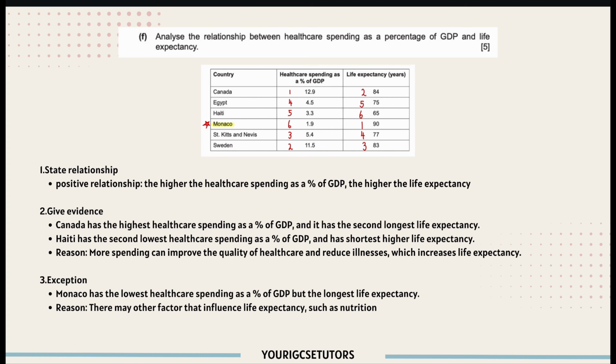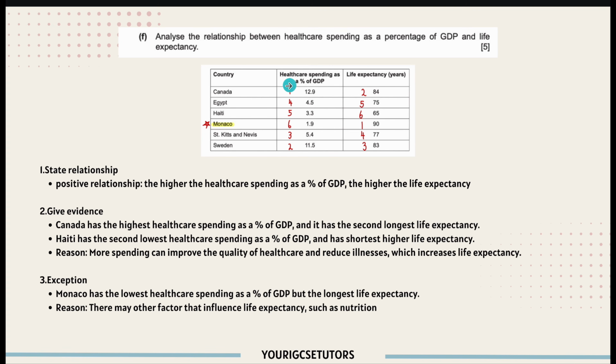As there are many numbers here, I'll recommend you to label one by one. So for this first column, I will label the highest one as the first one, and you just do it accordingly. And for life expectancy, you can do it as well. So it helps you to see it clearly.